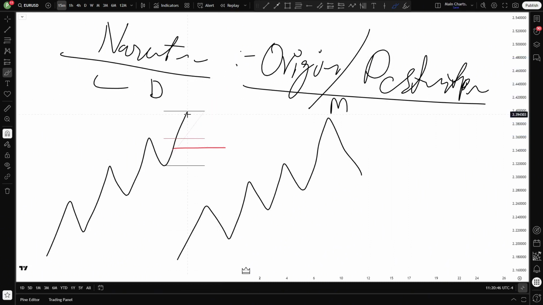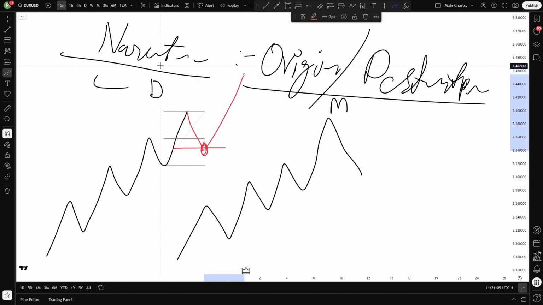Your first expectation would be to rebalance this dealing range, reach this origin, and then from here it will begin its expansion higher. So by using this logic, this would be your short-term drawn liquidity, with your long-term drawn liquidity being higher.